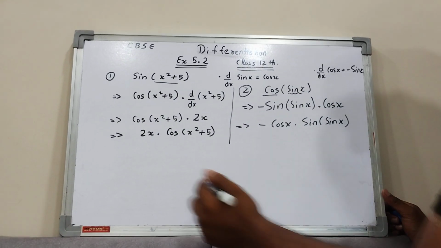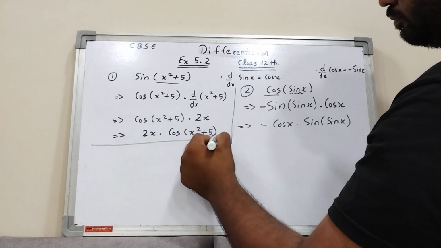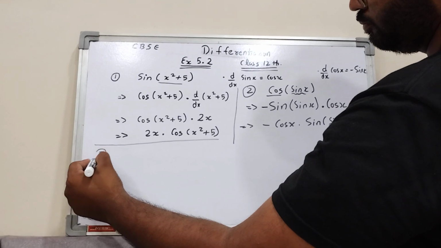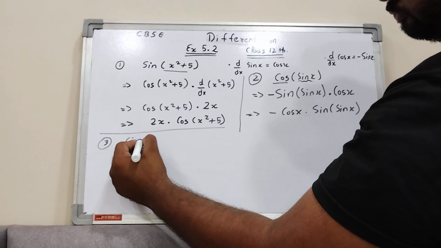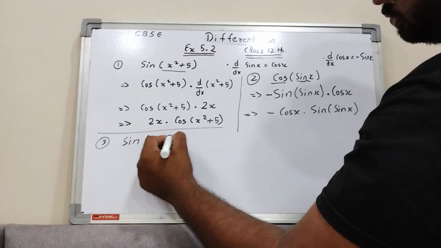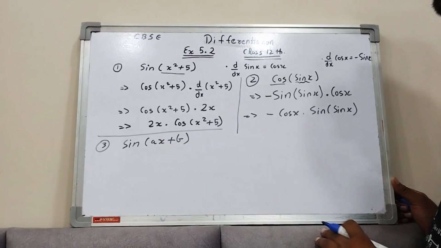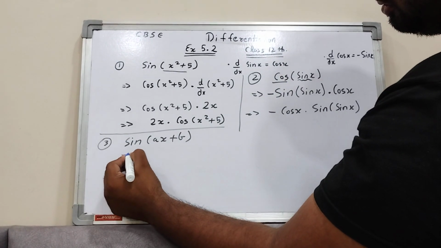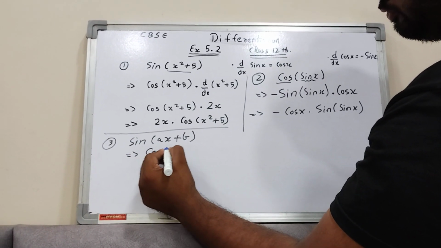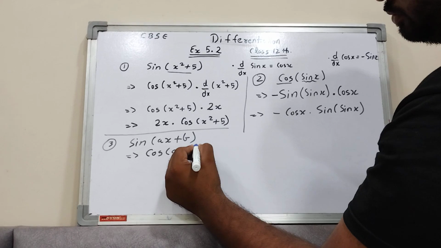Now let's do the third question. The third question is sin of ax plus b. The differentiation of sin x is cos x, so the answer would be cos of ax plus b.